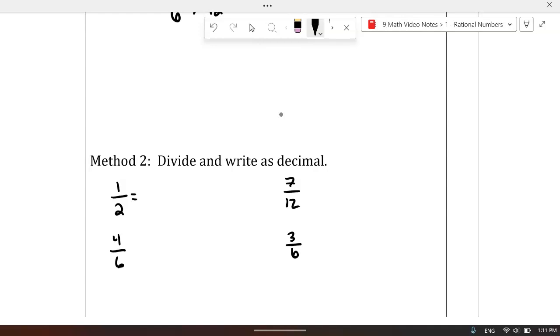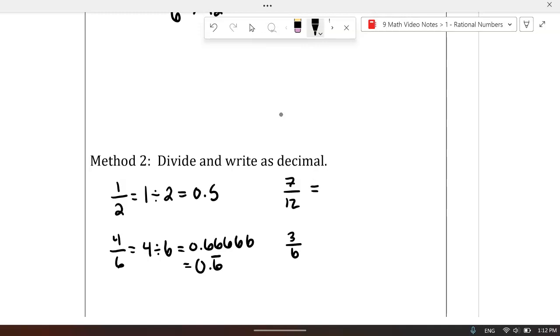If I want to get this as a decimal, I would go 1, the numerator, divided by 2, which is going to be 0.5. Then 4 divided by 6, I'm going to get 0.66666 repeating. Or if I wanted to get really fancy, I could just say 0.6 with a line over top, just like we talked about in the first video.